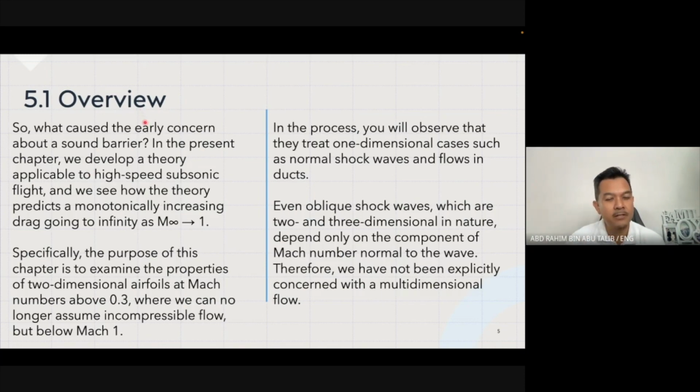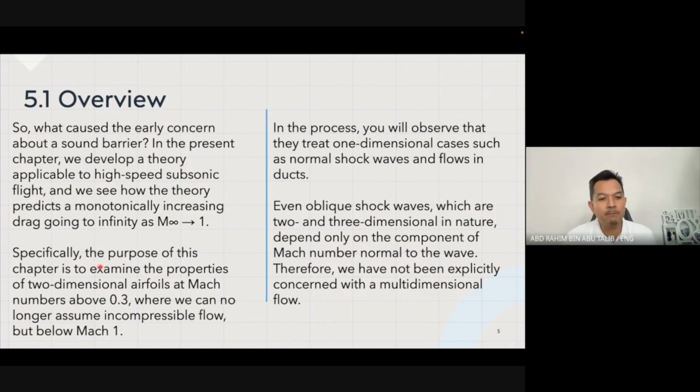In this chapter number 5, which, if you refer to the Anderson book, is chapter number 11, we will develop a theory which is applicable to high-speed subsonic flight, and we will see how the theory predicts a monotonically increasing drag going to infinity as Mach number M-infinity approaches 1.